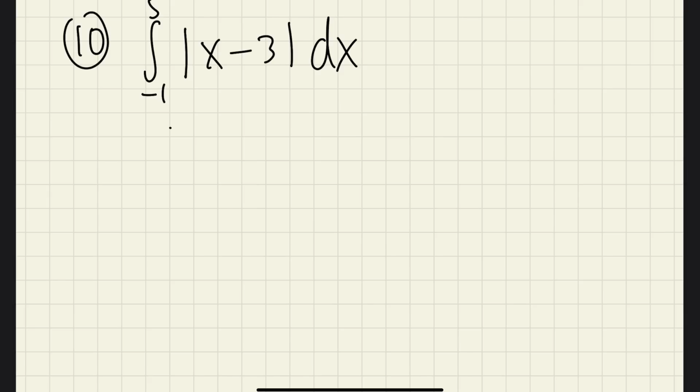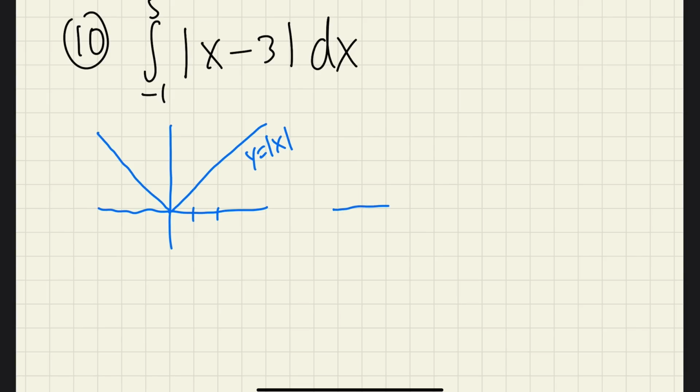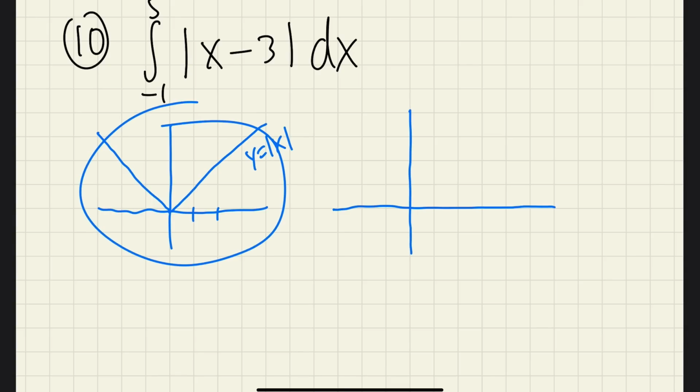Firstly though, we need to know the graph for absolute value of x. It's just our typical V shape like so. And I'm using graph paper because that way you can see this is like 1, 2, 3, and so on. Very nice, right? So this is absolute value of x. Now, if we have to graph absolute value of x minus 3, we have to move this graph 3 units to the right.